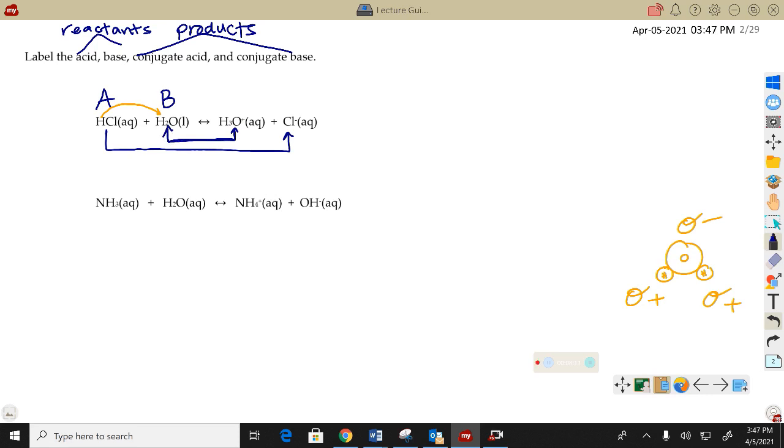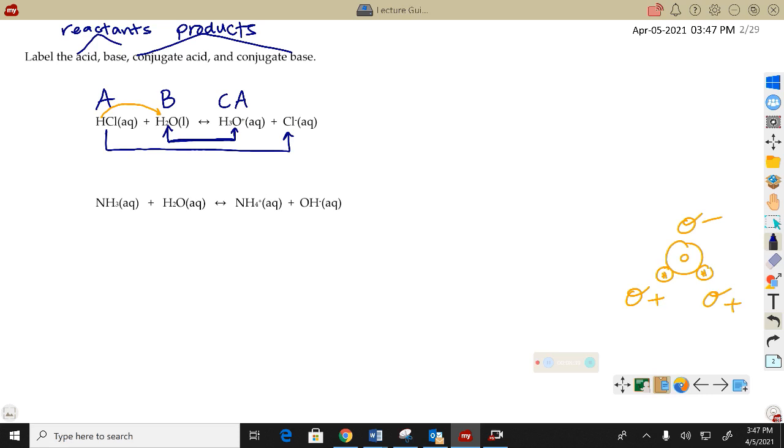Well, he's got to lose that extra hydrogen, right? So if he's going to lose a hydrogen in the reverse, we would say it's an acid. Well, on the product side, we call them the conjugate acids. The conjugates on the product side will always be charged. They'll always be the charged ions.